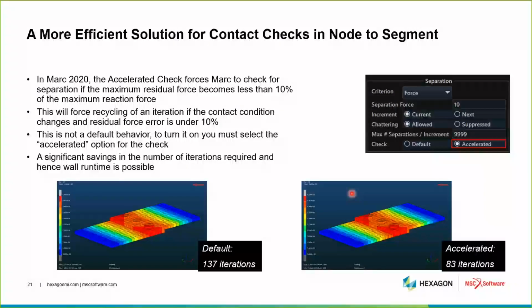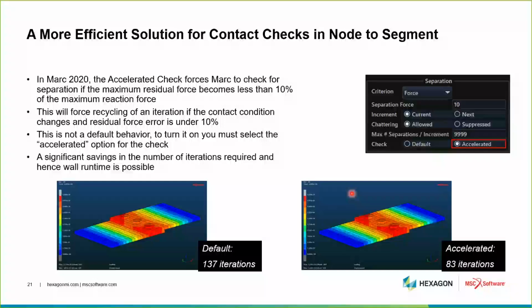And this forces Marc to check for separation when the maximum residual force is less than 10% of the maximum reaction force. There's nothing magical about 10% yet, other than the fact that it seems to work well for us. It seems to be engineering sense to be a good value. That might change through feedback, but it's definitely worked well for us in our testing.